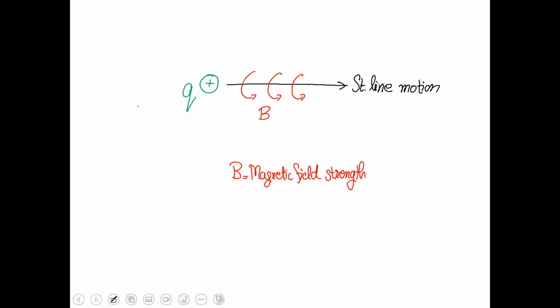Now, this is the approach. When the charged particle moves in a straight line, the magnetic field produced is circular. Now, you have to copy this screen.